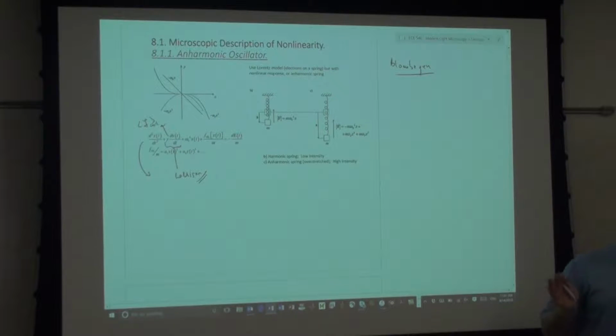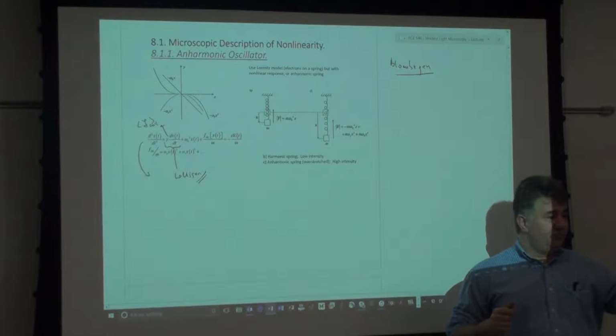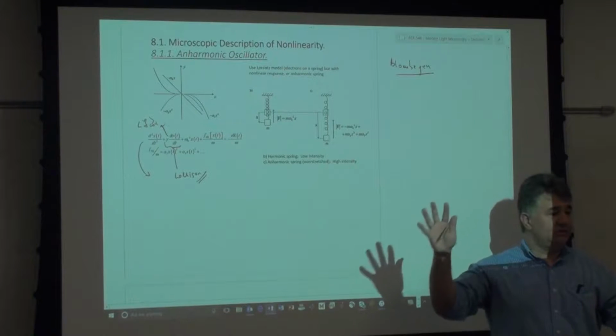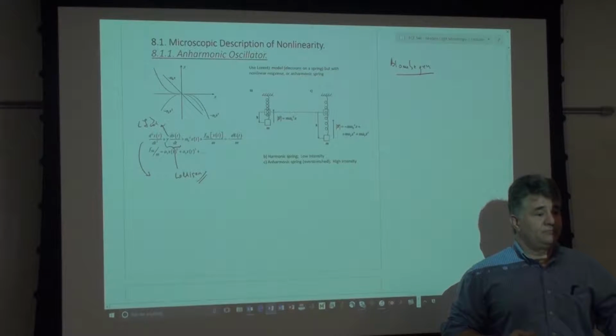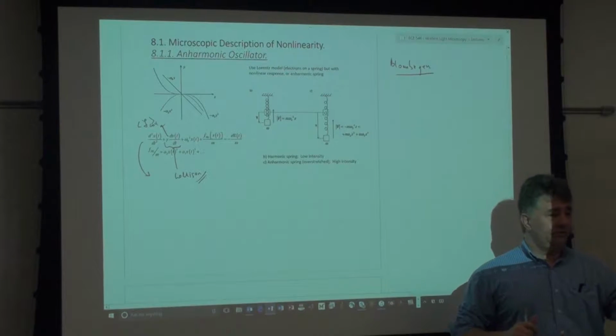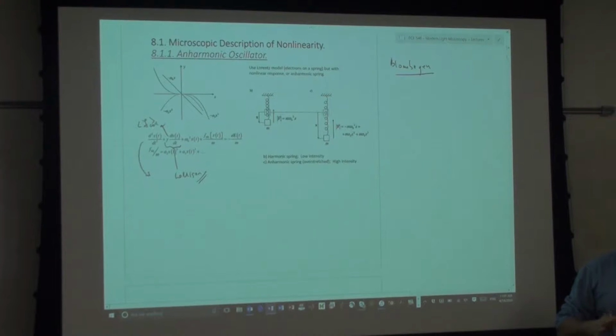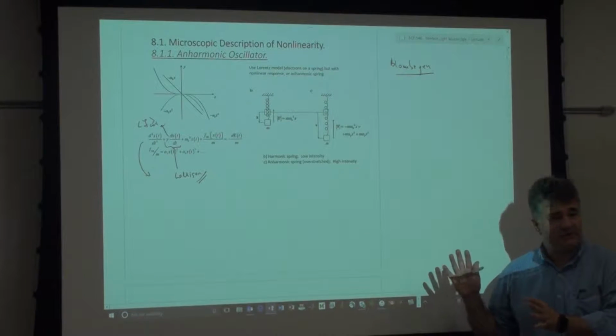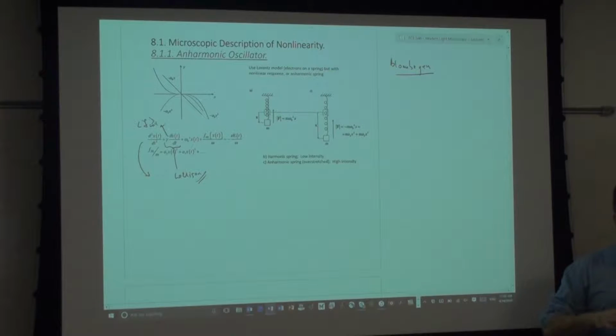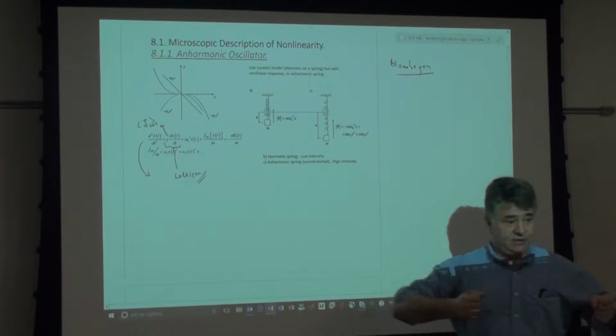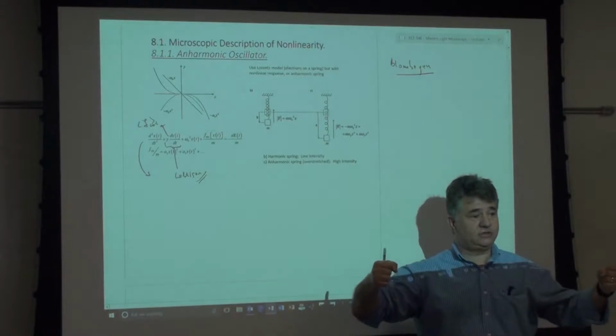Right? For linear systems, that never happens. You have the impulse response that is always constant, right? With the input. No matter what the input is, the impulse response stays the same. So that's what we've been doing the whole class. The impulse response, the point spread function of your microscope, all these, they're always constant with respect to your input. Nonlinearity means that the material response depends on your input.